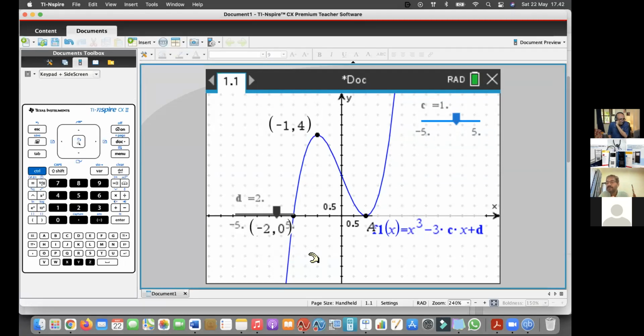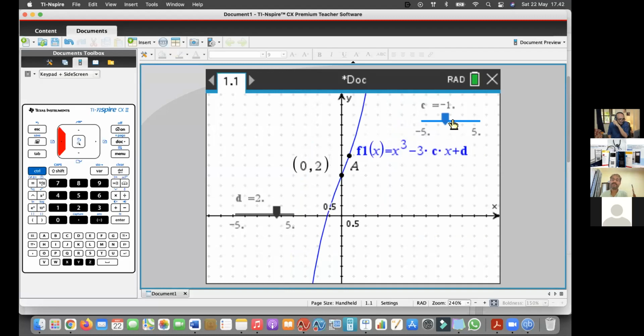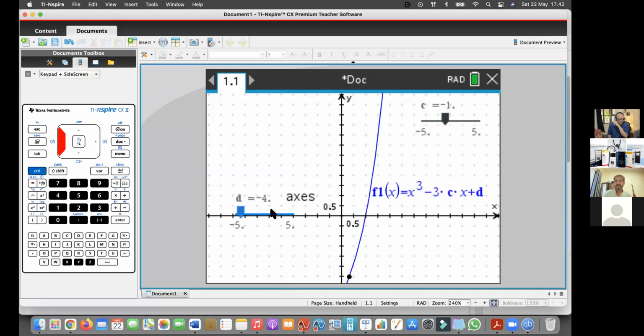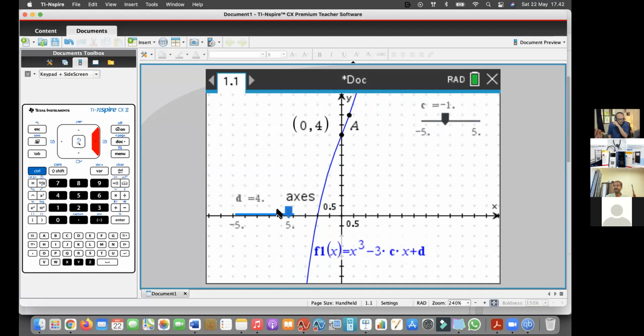One was when c was less than 0. When c is negative, then what happens? I'm referring to the previous parts. When c is less than 0, and when you make a change in d, then what happens? Actually, there is no turning point when c is 0 or less than 0.